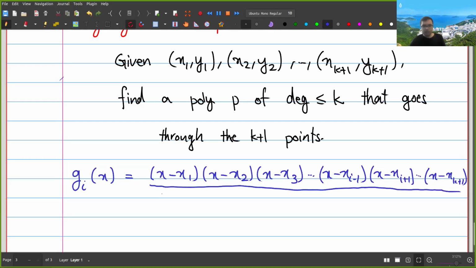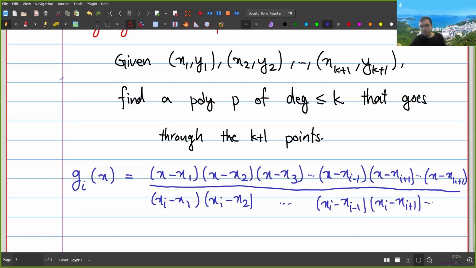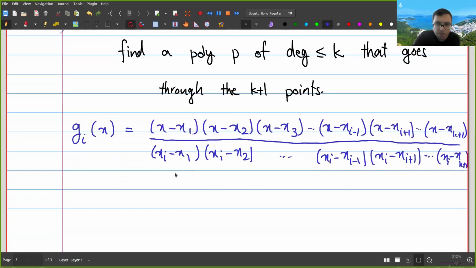So I can divide it by xi minus x1 times xi minus x2, and so on, to xi minus xi minus 1, xi minus xi plus 1, and so on, and xi minus xk plus 1. So if I create this polynomial, it has a value of 1 at xi, and it has a value of 0 at every other xj.